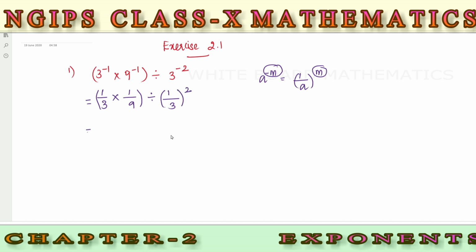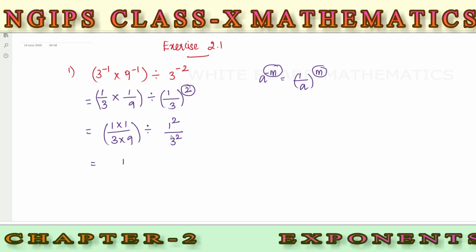Now if you look at this one, in between the terms we have multiplication, so we need to multiply both the numerators as well as both the denominators. So I can write 1 into 1 divided by 3 into 9, whole divided by 1 power 2 divided by 3 power 2, since the 2 is common for numerator and denominator.